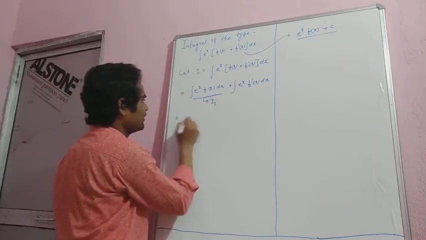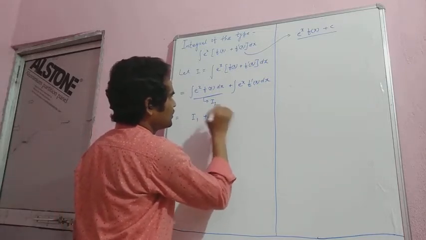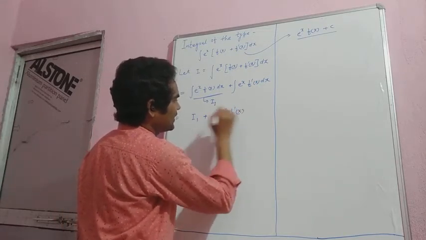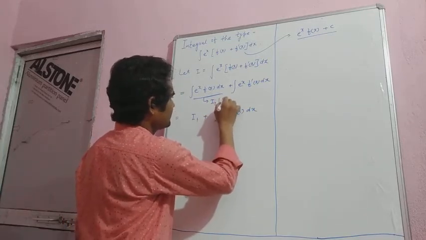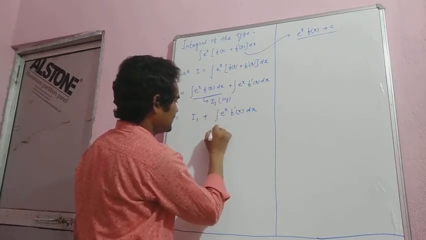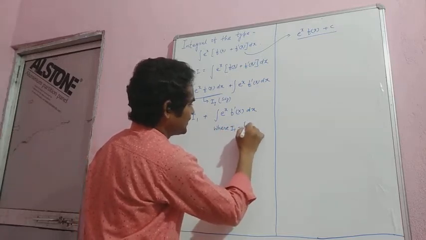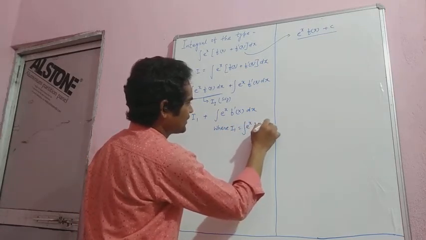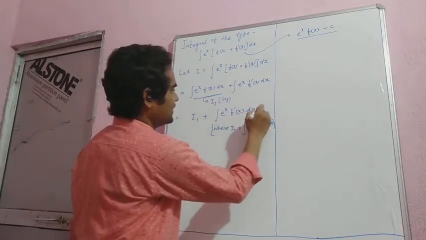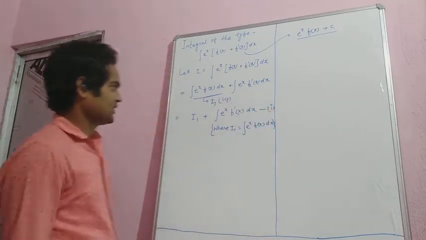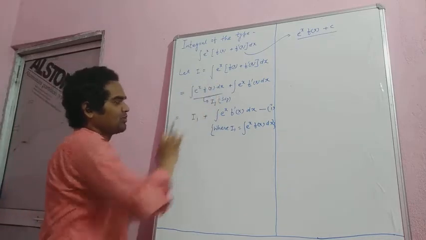Therefore, it will become I1 plus the integration of e to the power x f'(x) dx, where I1 is equal to the integration of e to the power x f(x) dx, and call this expression 1. Now for finding the value of I1, we will use the by parts rule.